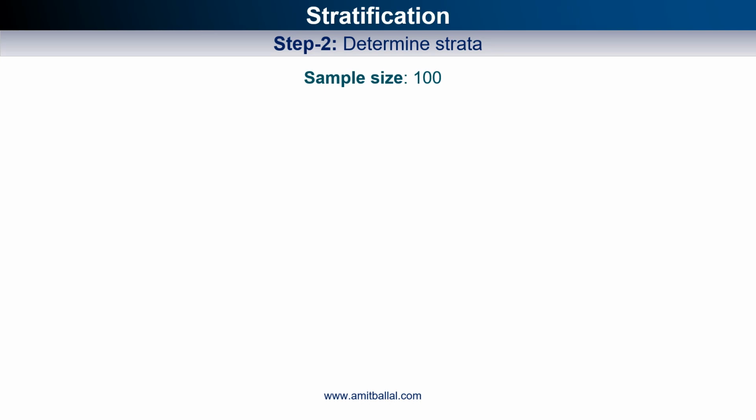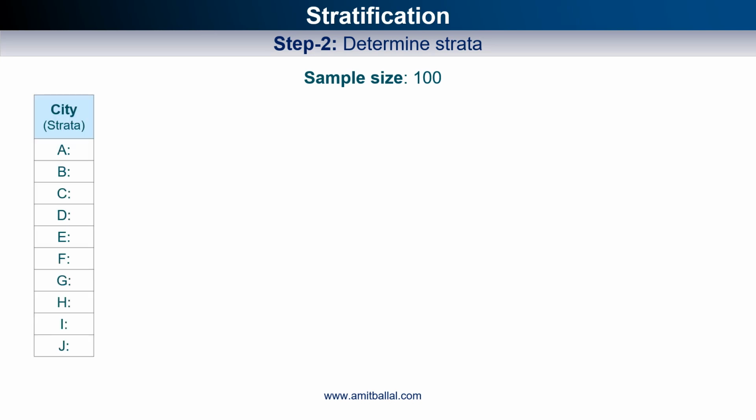Hence, we are interested in taking more samples from highly populated cities and fewer samples from less populated cities to get the actual picture. Let's assume the cities are named A, B, C up to J. These are our strata, that is, categories.